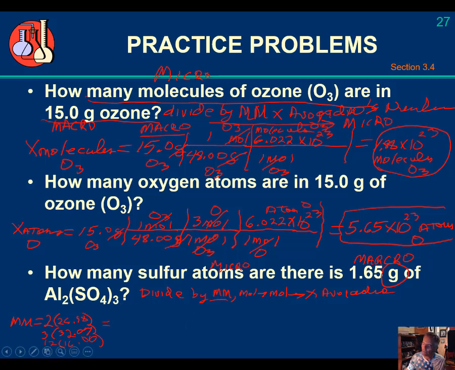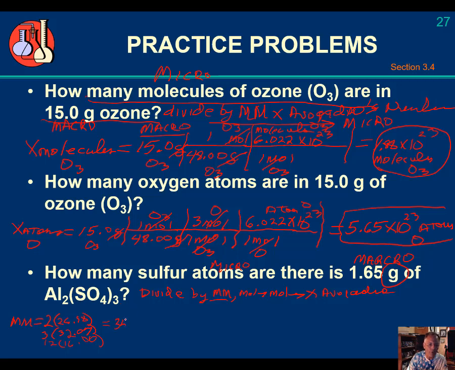And so let's work that out. So the molar mass of aluminum sulfate will be 2 times 26.98 plus 3 times 32.07 plus 12 times 16, for a grand total of 342.17 grams per mole.